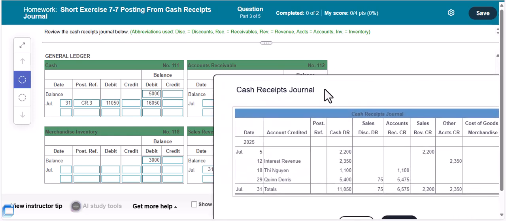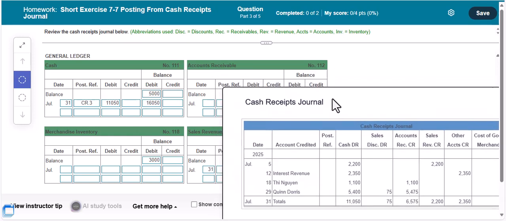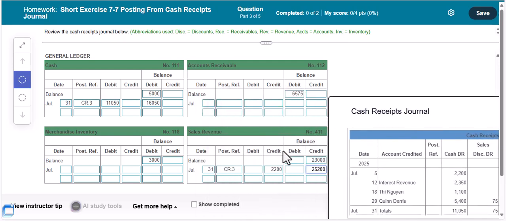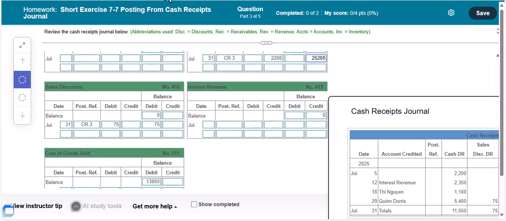We have other accounts credit for 2,350. So that was that interest revenue. And remember, with the interest revenue, it's that one odd one where we have to keep the July 12th date instead of the end of the month date here. Let's find that for 2,350. So we have July 12th, reference CR3, and then interest revenue is a credit of 2,350, and then the balance ends up being 2,350.